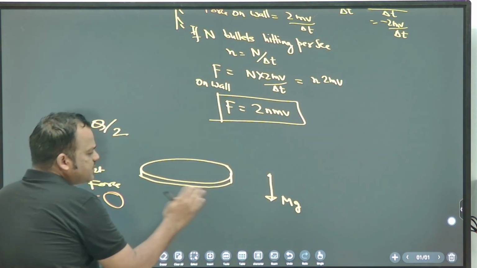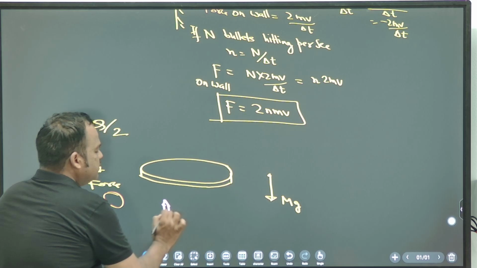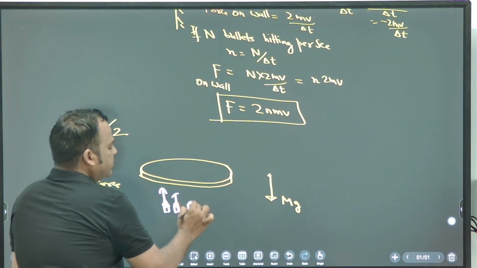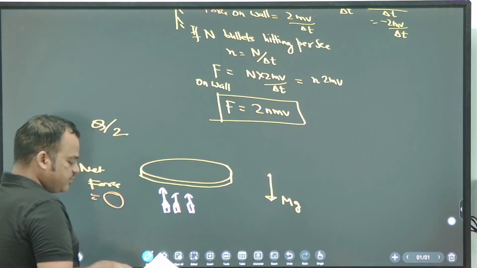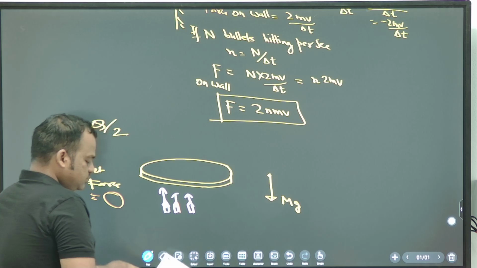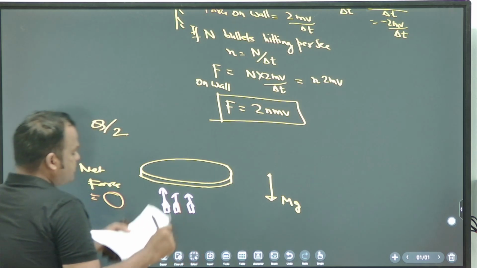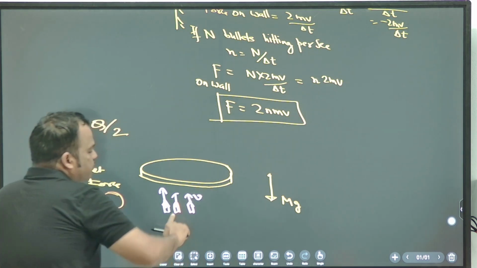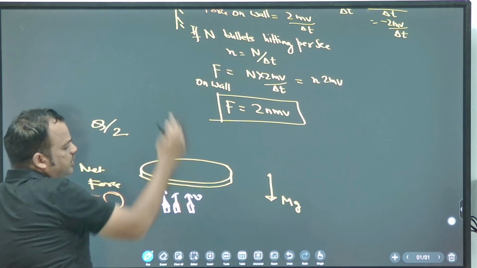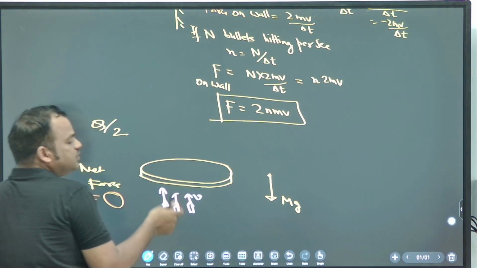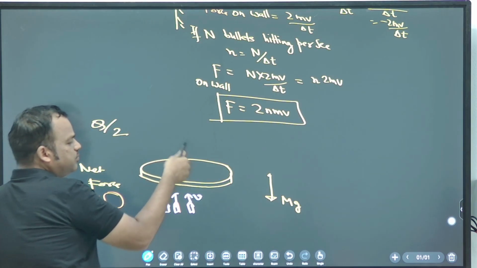How is it kept floating? Bullets are fired. Suppose these are the bullets. These bullets are fired with what speed? You have to find the speed. So bullets are fired like this. What is the direction of force on the bullet due to hitting the disc?